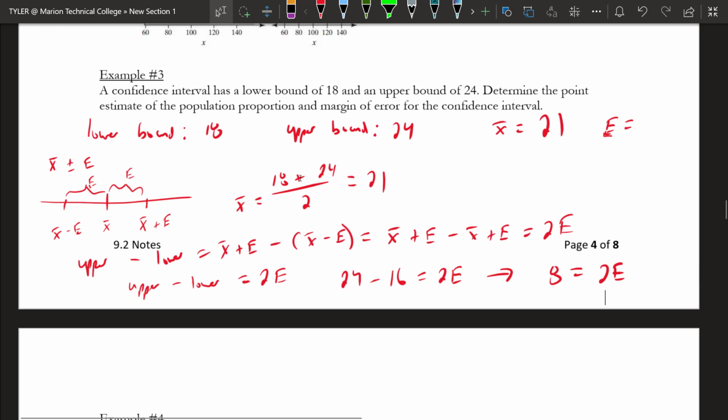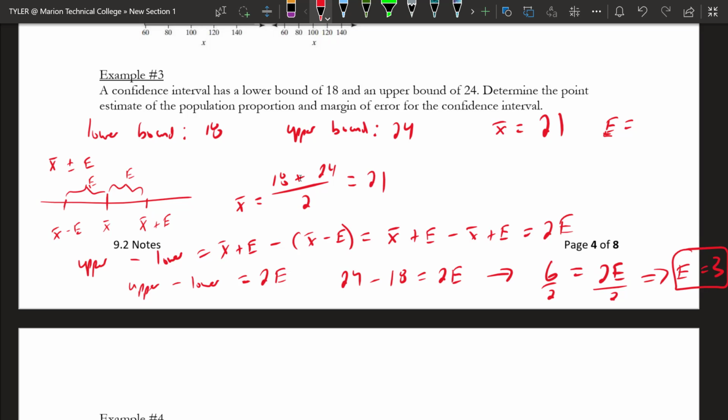Wait, this should be not 16, this should be 18, sorry. So that would be 6. 6 equals 2e, and then if I divide both sides by 2, we get e equals 3. So that's one way to do it.